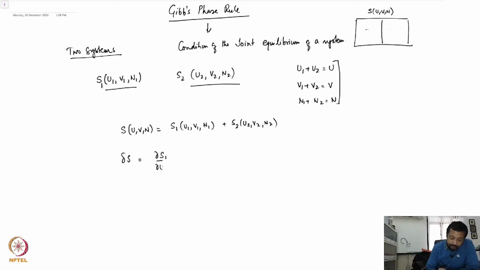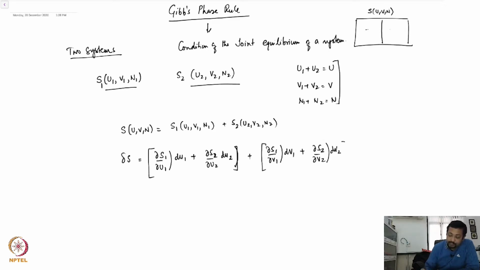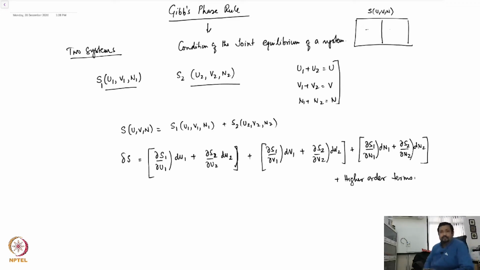del S1 del U1 dU1 plus del S2 del U2 dU2, plus del S1 del V1 dV1 plus del S2 del V2 dV2, and similarly you have for the particle number, del S1 del N1 dN1 plus del S2 del N2 dN2, and then you have higher order terms which you ignore because you are very infinitesimally close to the joint equilibrium point.